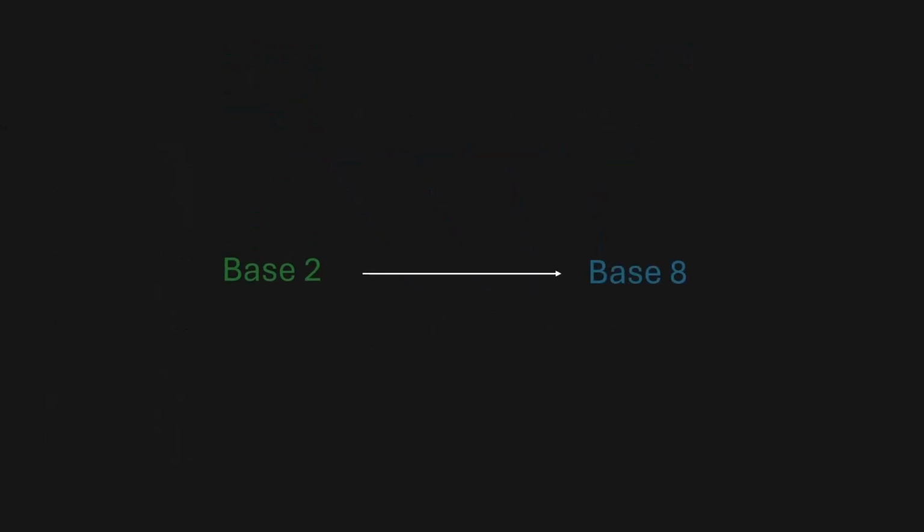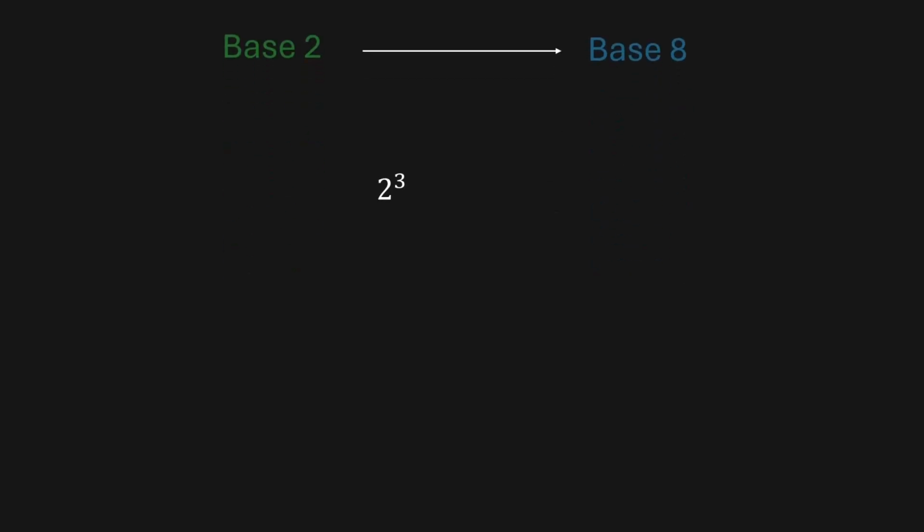Naturally, we can use this method to convert from base 2 to base 8 or vice versa, because 8 is 2 to the power of 3. To convert from base 2 to base 8, we need to separate the bits into groups of 3 or do the reverse.